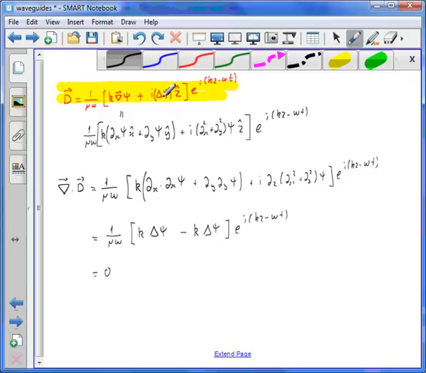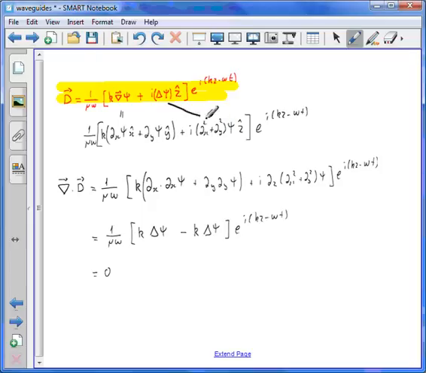The Laplacian of psi is just dx squared plus dy squared times psi in the z direction times i times the exponential of i(kz minus omega t).